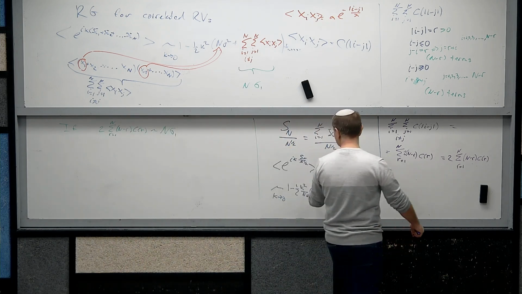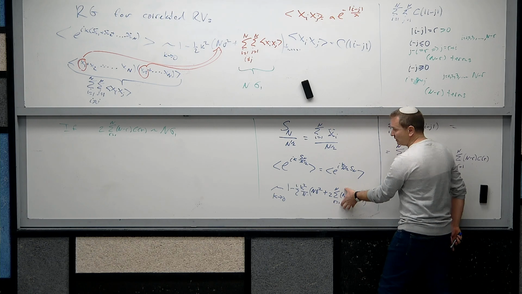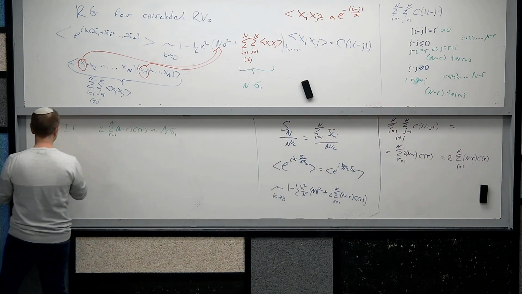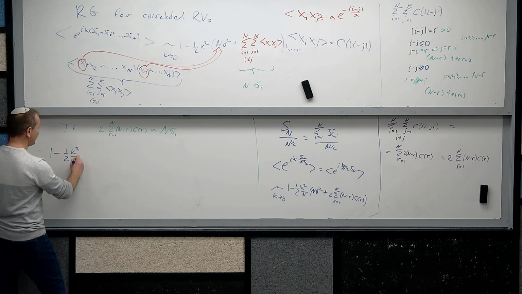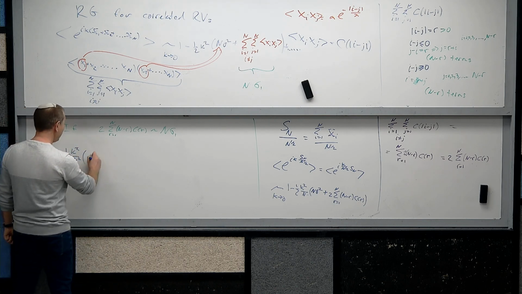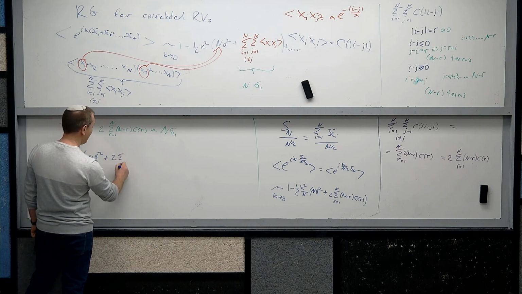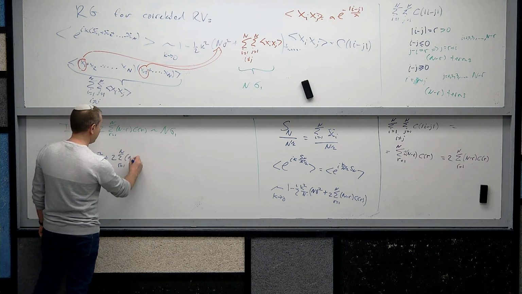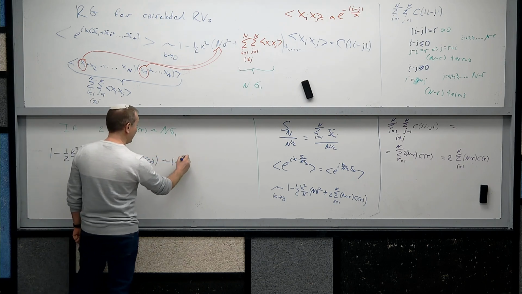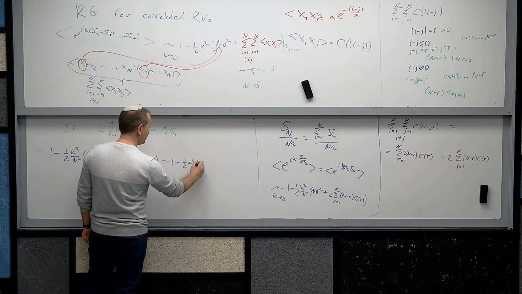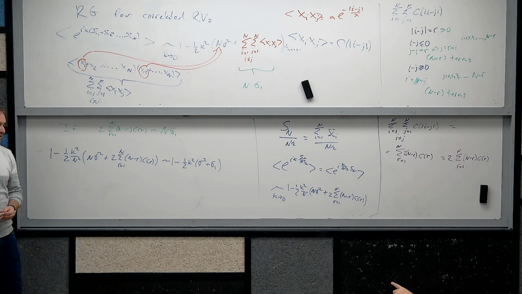I can replace, at least for large n, all of this by what? So I have 1 minus 1/2 k squared divided by n, times n sigma squared plus 2 a summation of r goes from 1 to n of (n minus r) c of r. All of this goes as 1 minus 1/2 k squared times sigma squared plus sigma 1. It's linear in n, right?